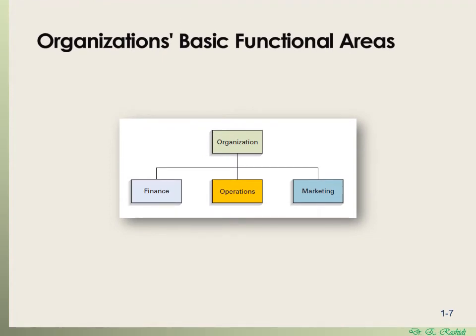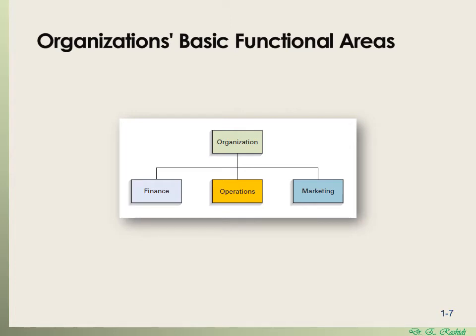To learn about operations management, it would help if we learn about the basic functional areas of an organization. Any organization has three basic functional areas. As you can see from this chart, one of them is finance. Finance is the functional area of an organization that deals with cost, revenues, and anything monetary.